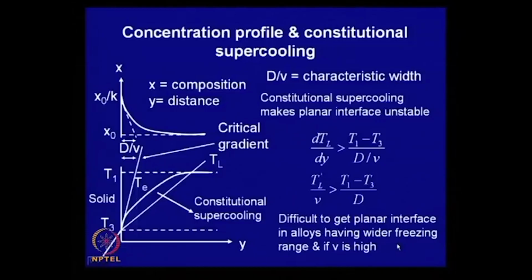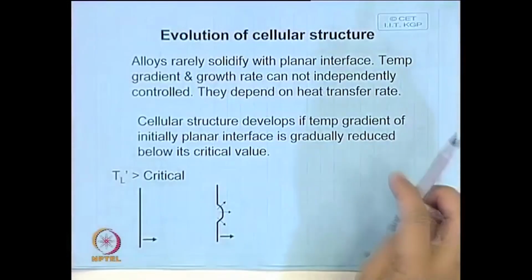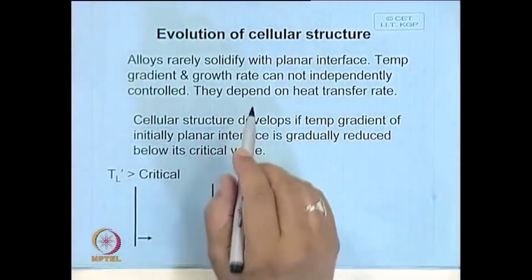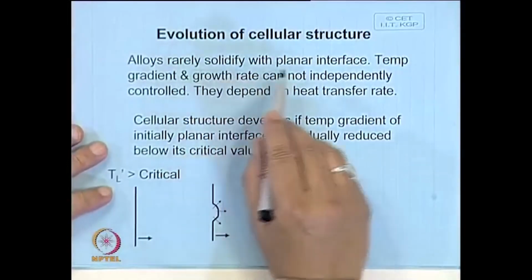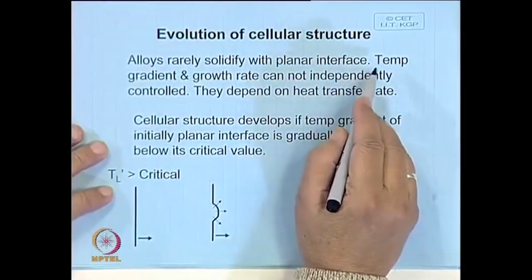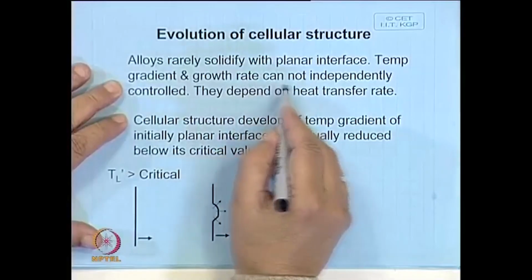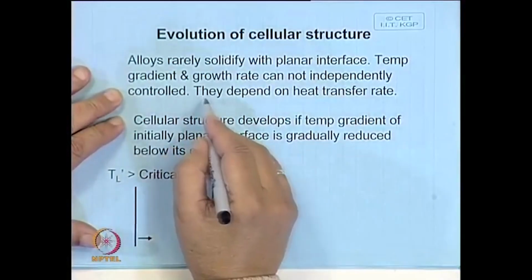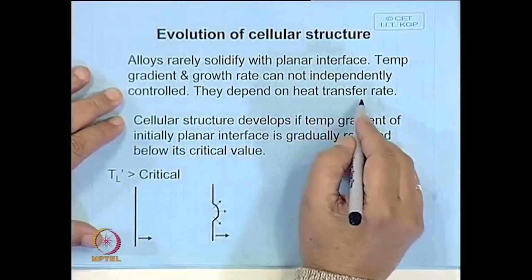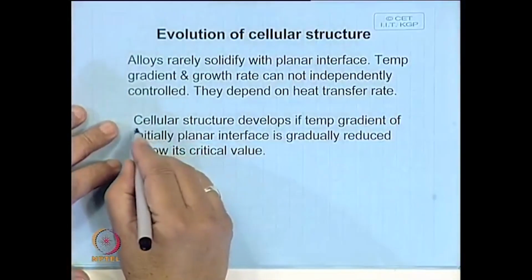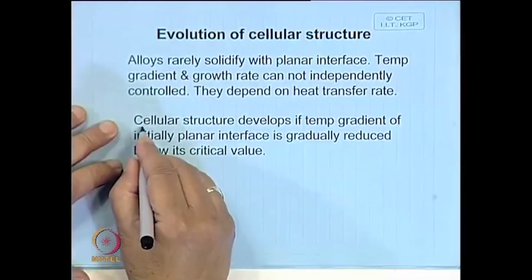And now, let us look at a little departure. In reality, if you look at alloy systems, they rarely solidify with a planar interface, and the temperature gradient and growth rate cannot be independently controlled; often they depend on heat transfer rate. Now, let us take up a case and see when cellular structure develops.